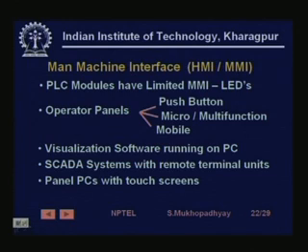Sometimes you have panel PCs. They are special types of PCs with touch screens, so that the operator need not type. It is basically for convenience, because an operator has to concentrate on the process and should not be bogged down; it should be as easy as possible for him to give commands. So people use devices like touch screens in such environments.